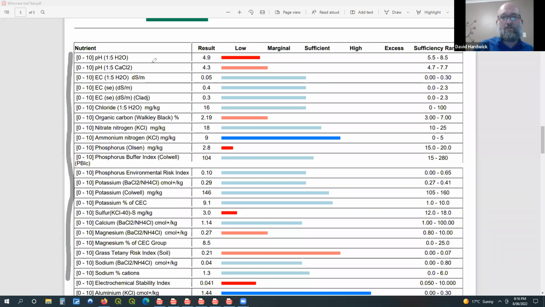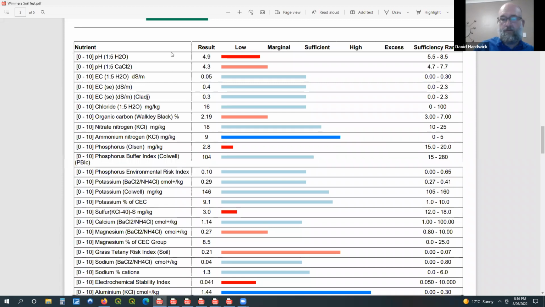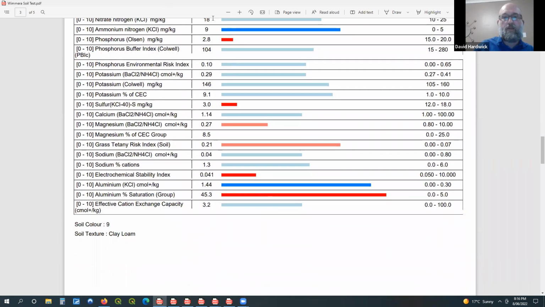We go down and have a look towards the bottom. Here it is. They've measured the CEC, or the cation exchange capacity. They've called it effective, which just means it's been measured at field condition pH. And here's our number, 3.2. So it's quite a small charge, if that makes sense.